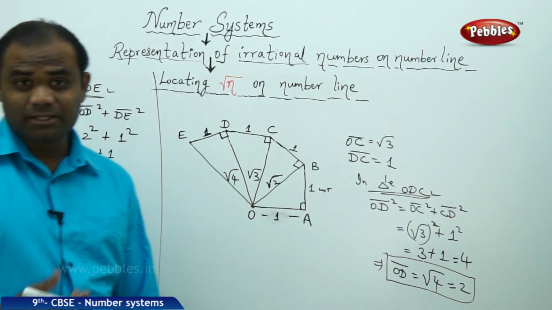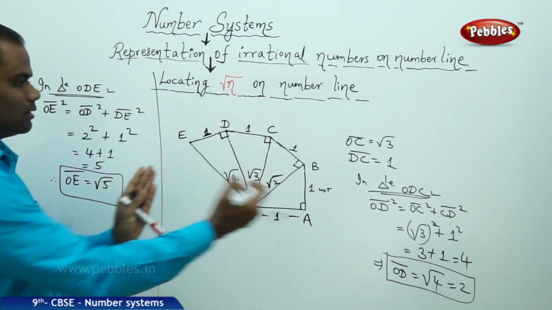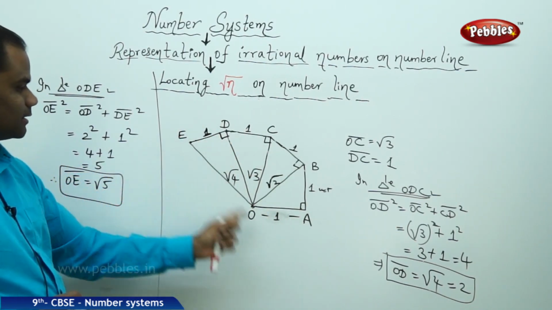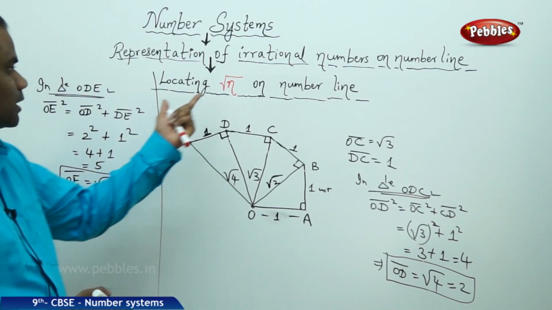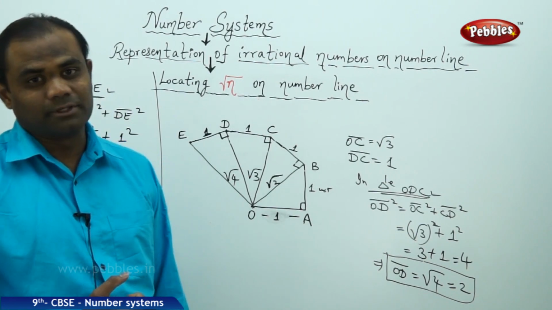This is how I identify that as I construct the 1 unit perpendicular length through the different sides of the polygon, I get the different distances from O, which are nothing but the roots of consecutive integers or consecutive natural numbers.